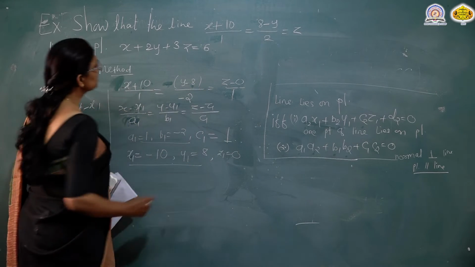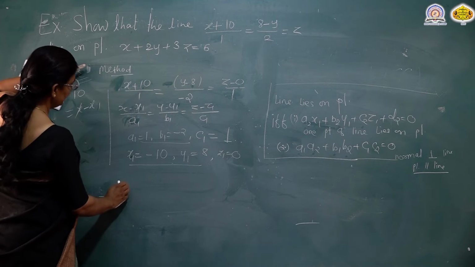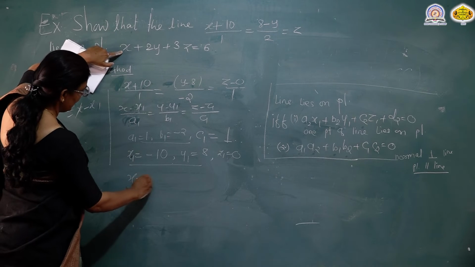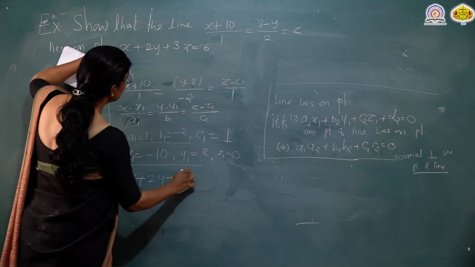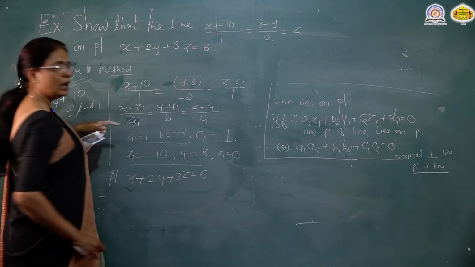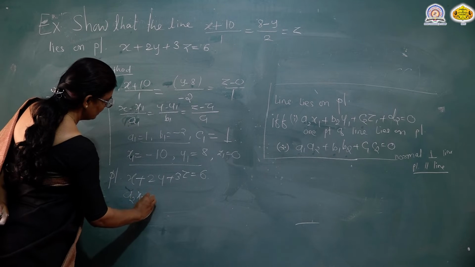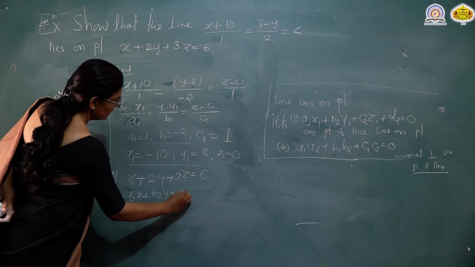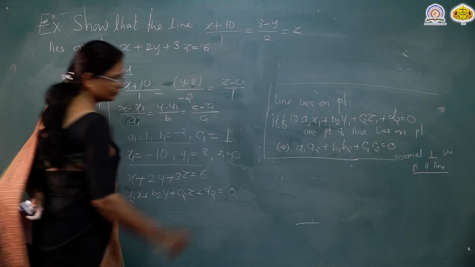Okay. Now next, consider the equation of the plane. So the equation of the plane is x plus 2y plus 3z is equals to 6. Now compare this equation with a2x plus b2y plus c2z plus d2 is equals to 0.